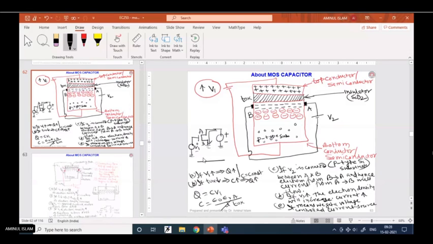Or in other words, I can show the characteristic like this. This is, say, current I am denoting as IAB.